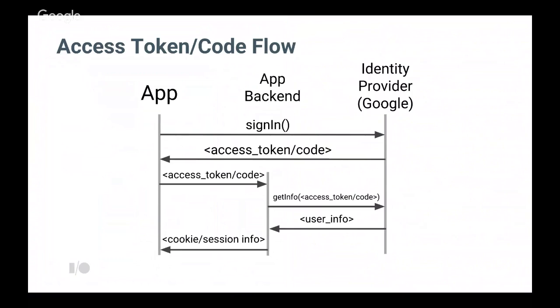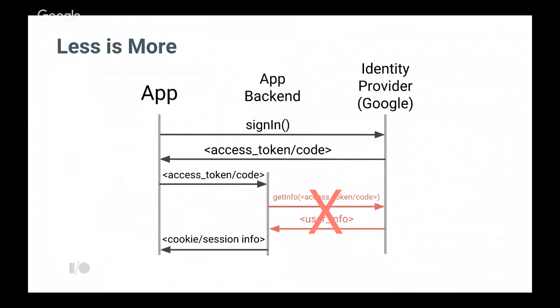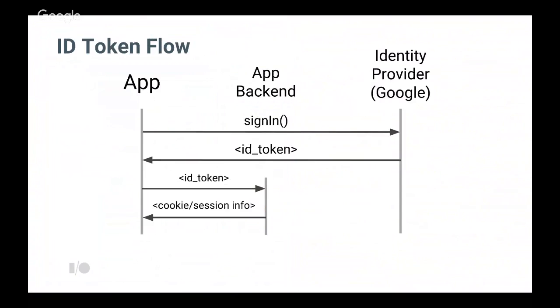I just want to highlight that in these legacy SDKs, it did require a network dependency. The get-info call that you see there required the app's backend server talking to Google. With the JSON web tokens, the newer tokens from Google Sign-In, that's actually not required anymore. The ID token is self-contained and can be validated locally on the backend server with a cached or fetched public key to validate the signature on the JSON web token.